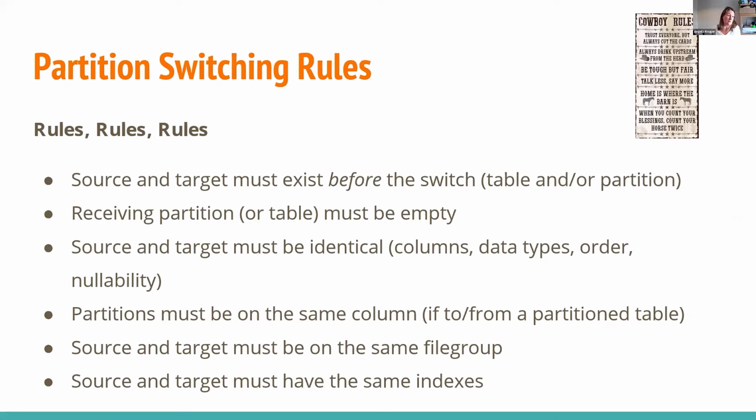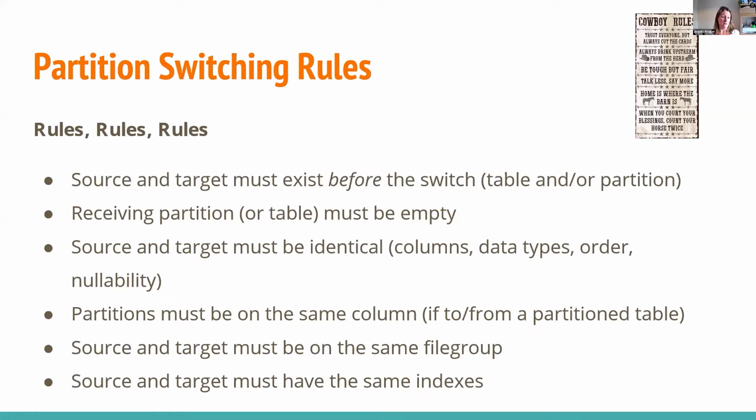So what are some of the rules that we need in order to switch? And this is going to apply whether we're going partition to partition, a staging table to a partition table, or a partition table to a staging table. Most of these rules apply to any switching scenario.